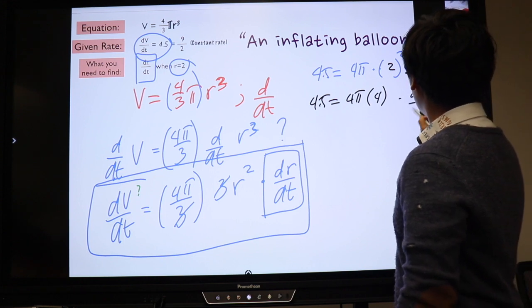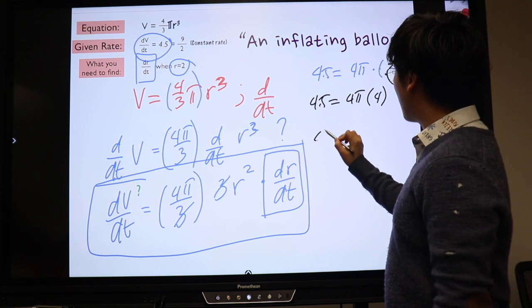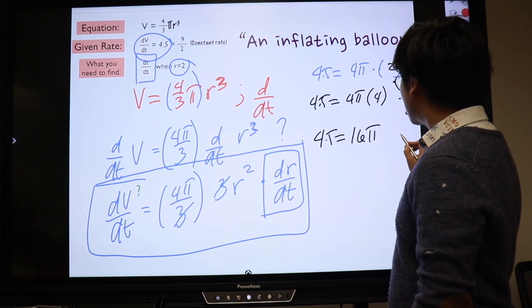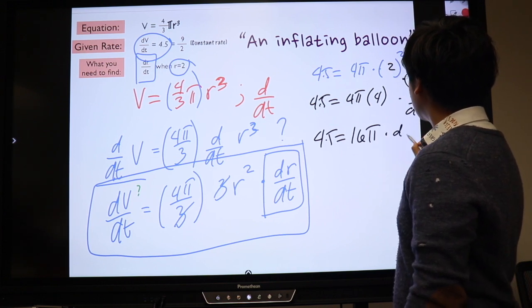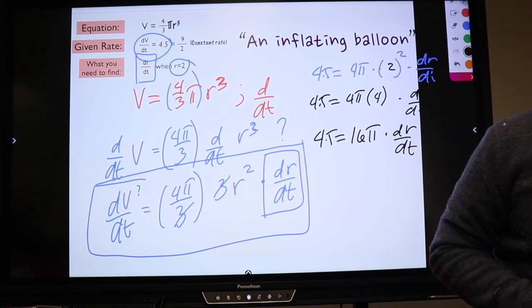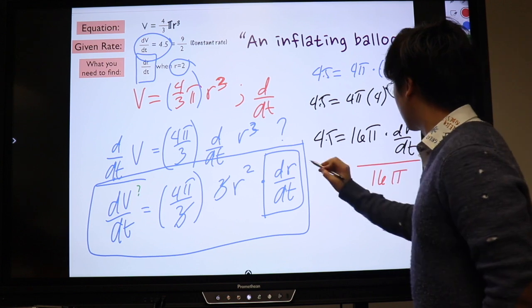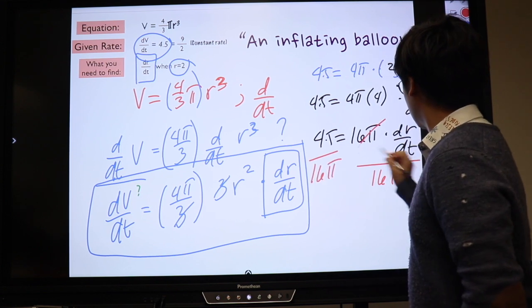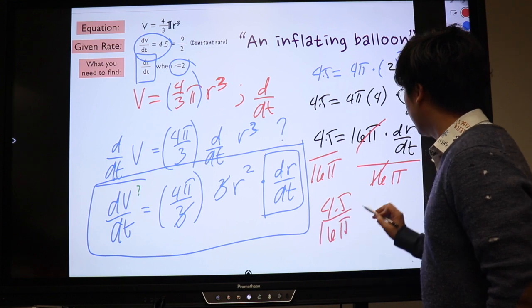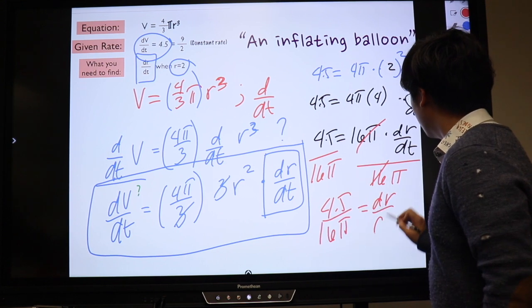Times dr all over dt. And now we have 4.5 equal to 16 pi times dr all over dt. Right? Yes. So 4.5 all over 16 pi is our dr all over dt.